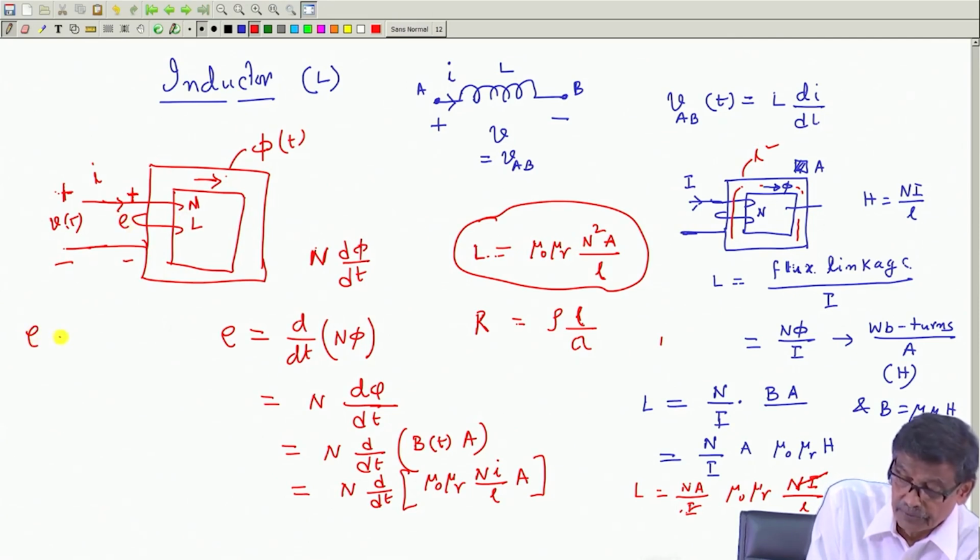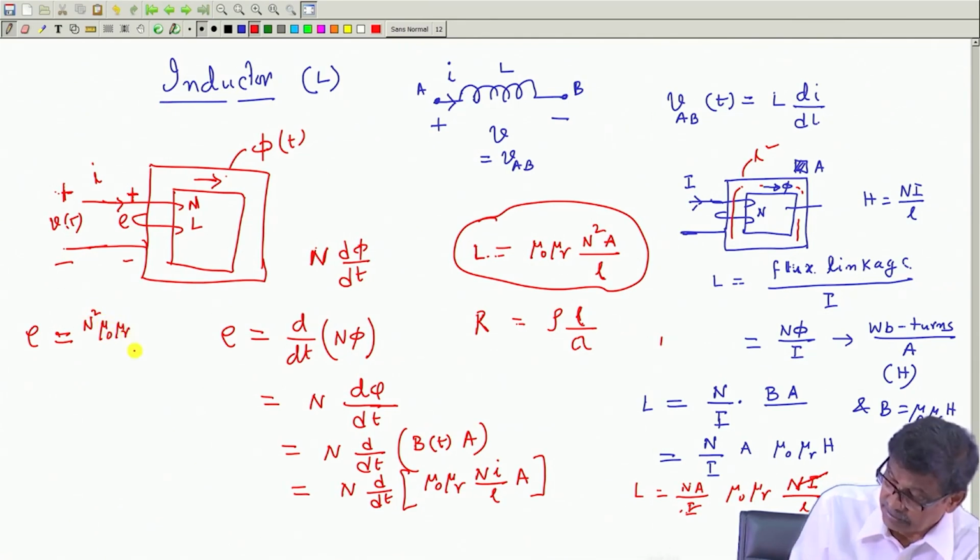So E will become equal to n squared, mu 0 mu r can also be taken outside because they are treated as constant, only I is the variable. So, n squared mu 0 mu r A divided by L.